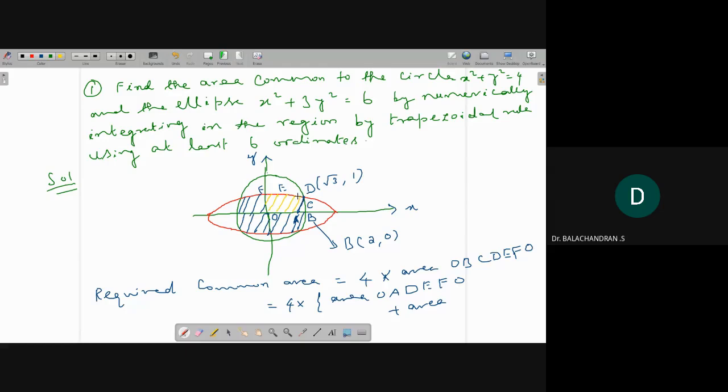The remaining area, I'm going to give a black color. This one: A, B, the arc C, and then point D, again A. So once you understand this, you can easily do it.